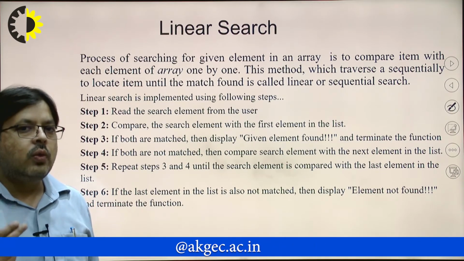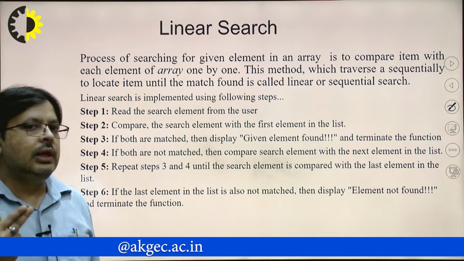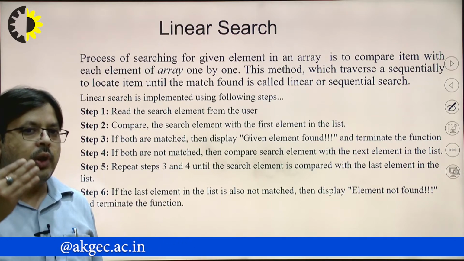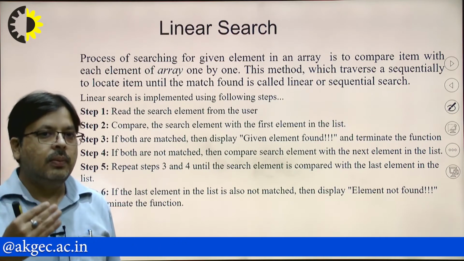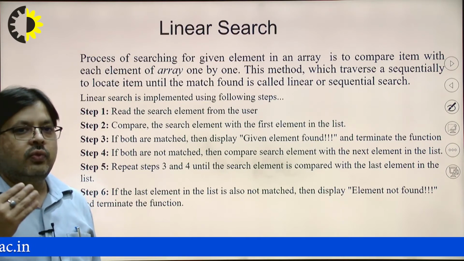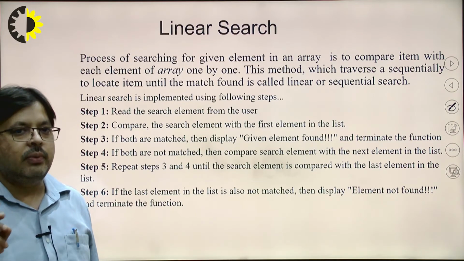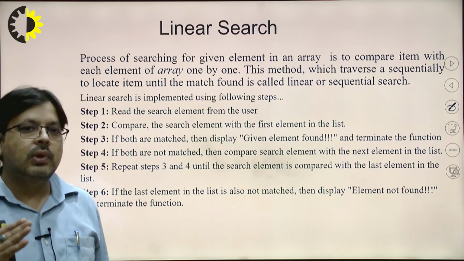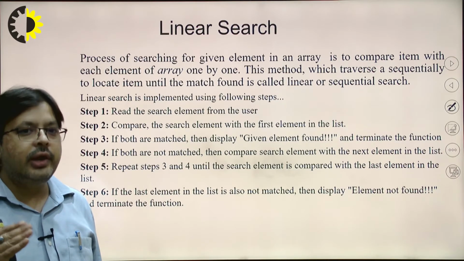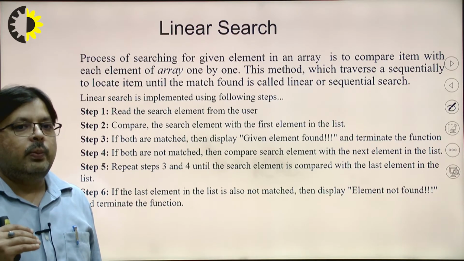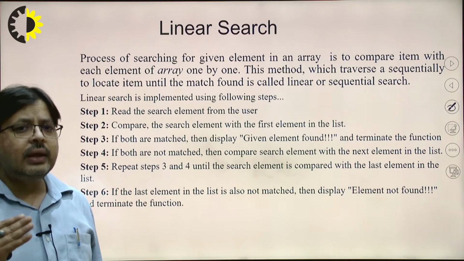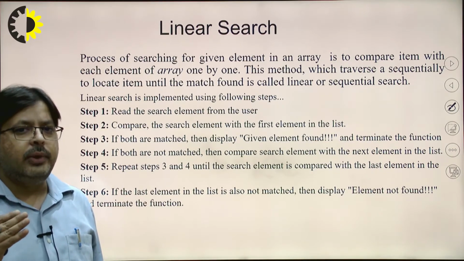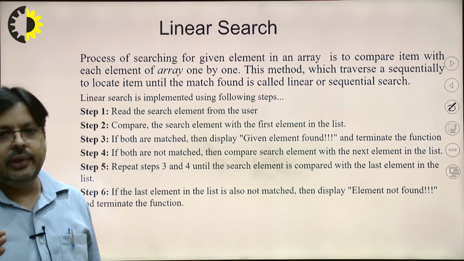The step by step theoretical algorithm for linear search is like this. First, read your desired element; you must know what element you want to find in the given list. Then compare your key element with the first element of the array.